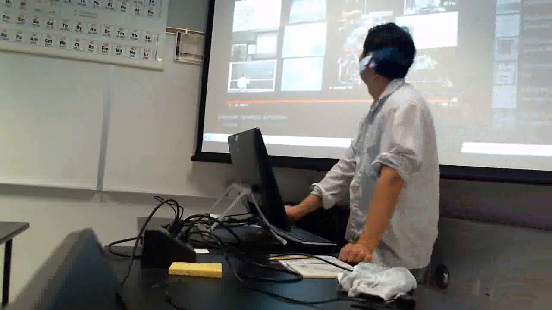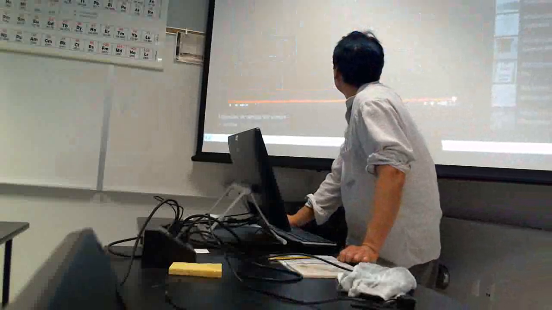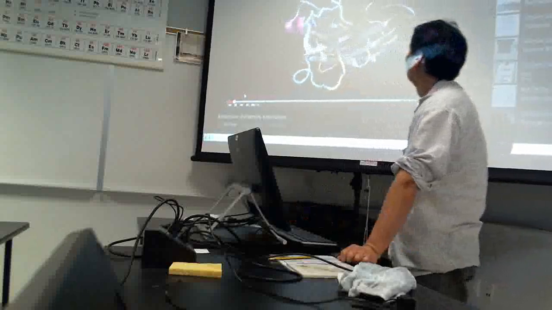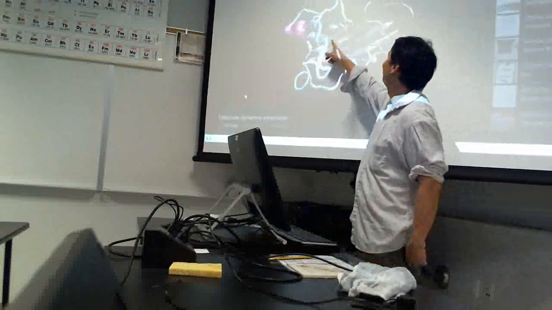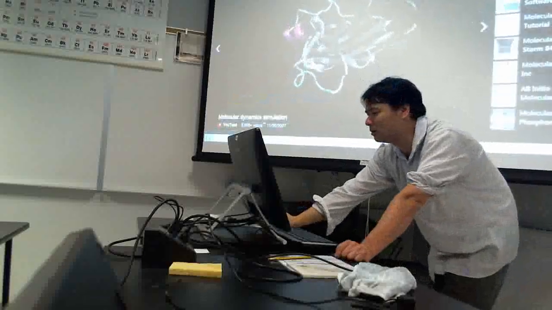Let's see if this is... Yeah, you can see there's going to be rotation. Do you see how this kind of moves? Although it's all interconnected. These molecules are too big. This is a protein molecule here.